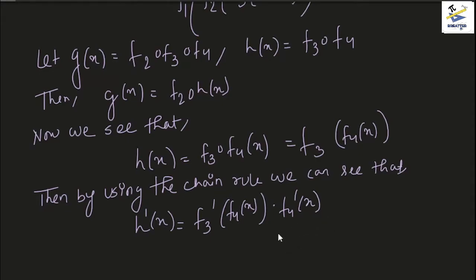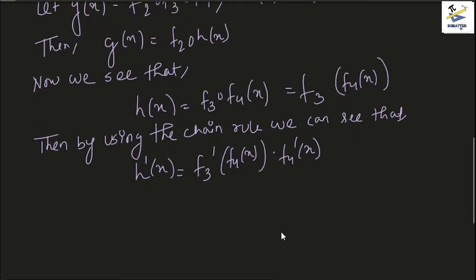H prime x. Now obviously this is the chain rule, and for that we need to find the derivatives for f3 and f4.